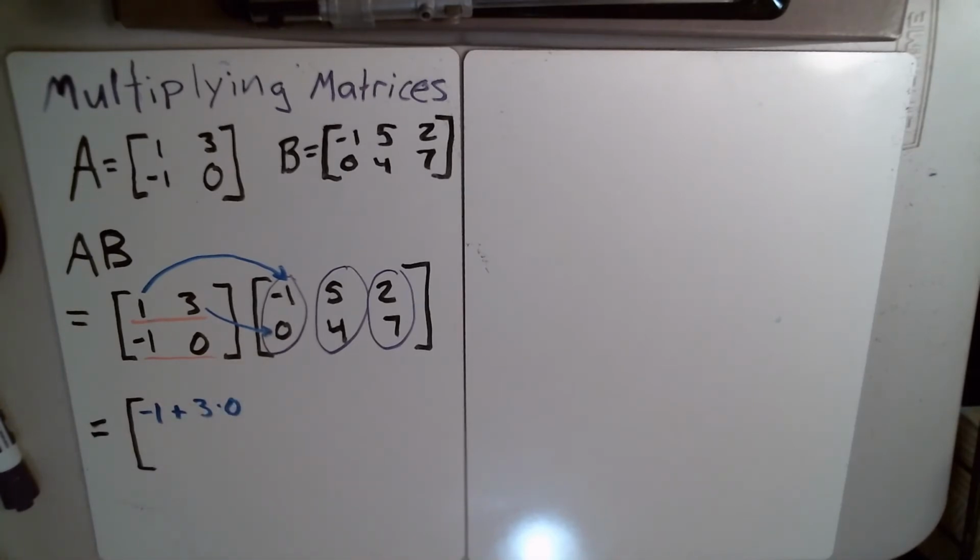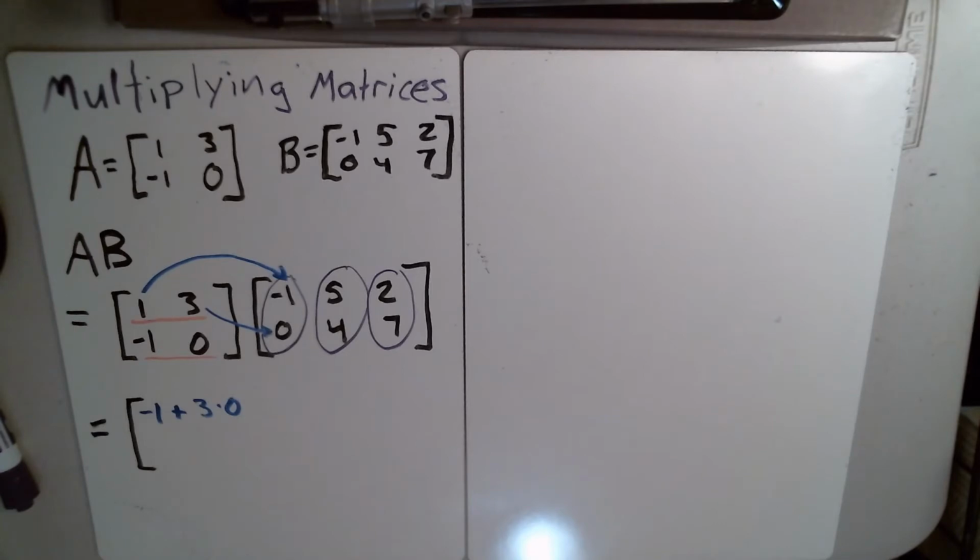That would be my first entry in the product of these two matrices. I could simplify that as well, so I'll do that in a sec, but first I want to show you how you compute it.